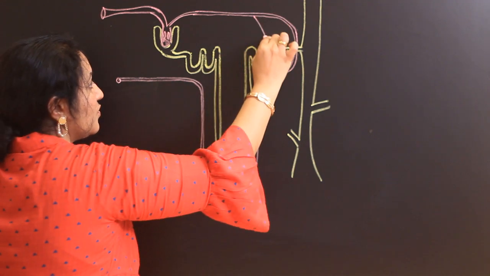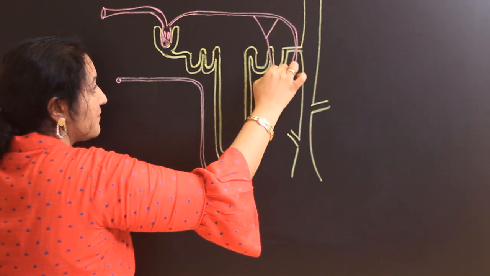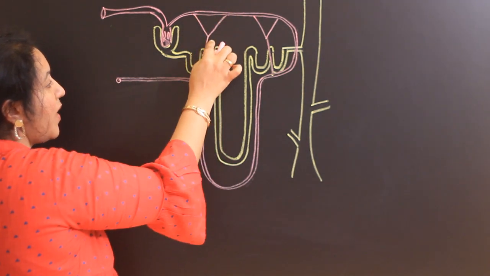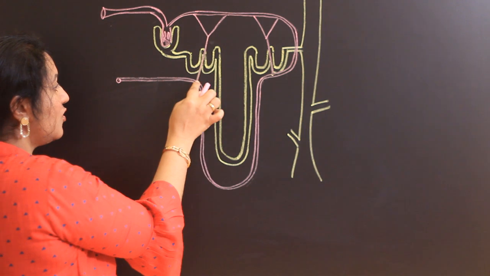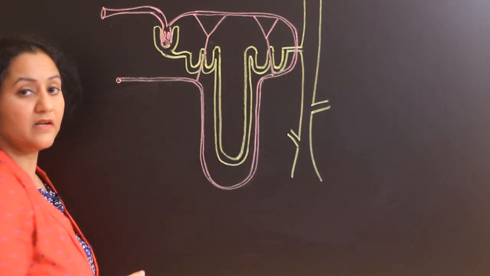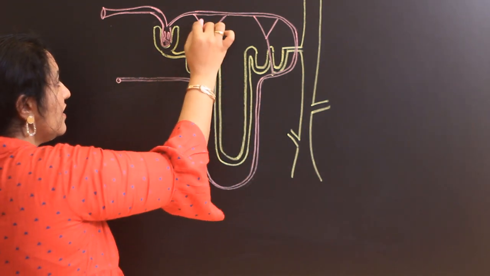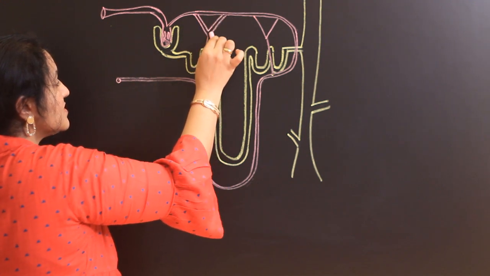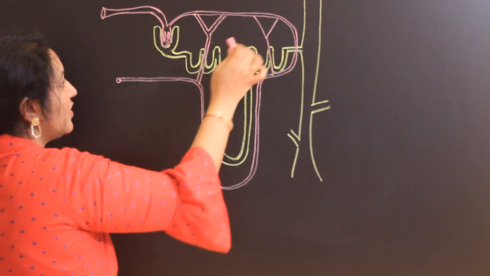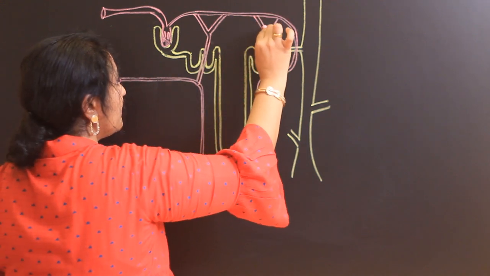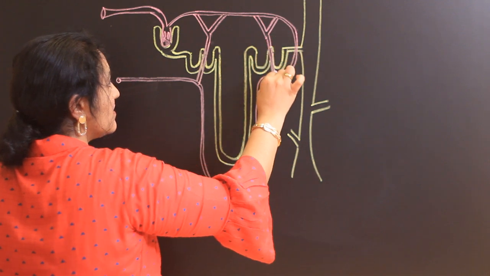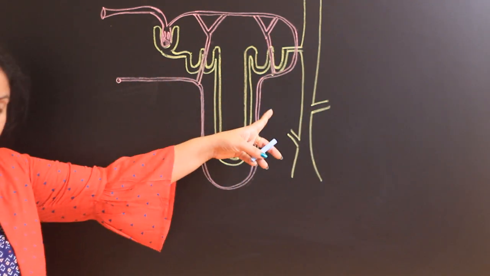So just show or draw Y's. So this Y will connect the efferent arteriole with this parallel blood vessel. Okay, now let us draw double lines here. Just clear this part and draw a line. Same thing here. Just make double line. Done at this part.